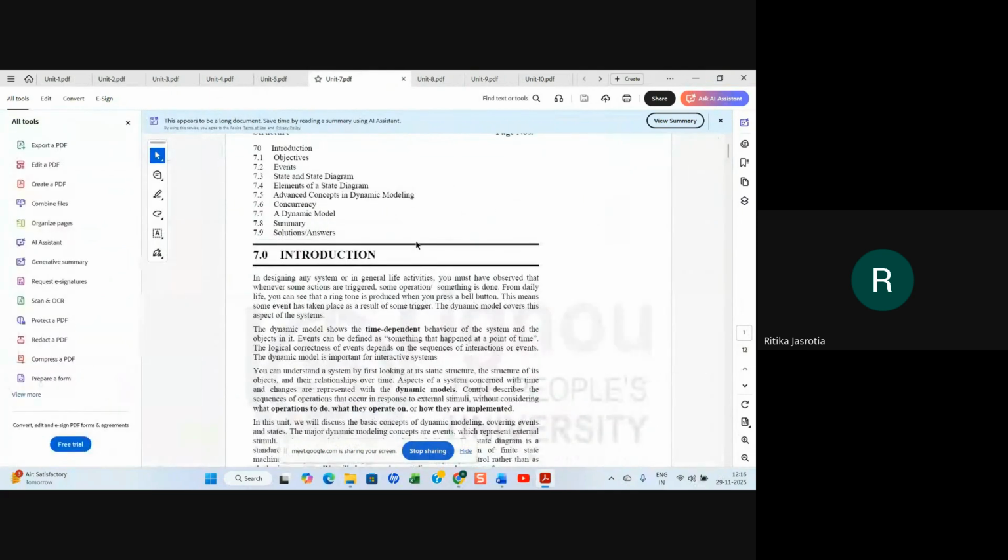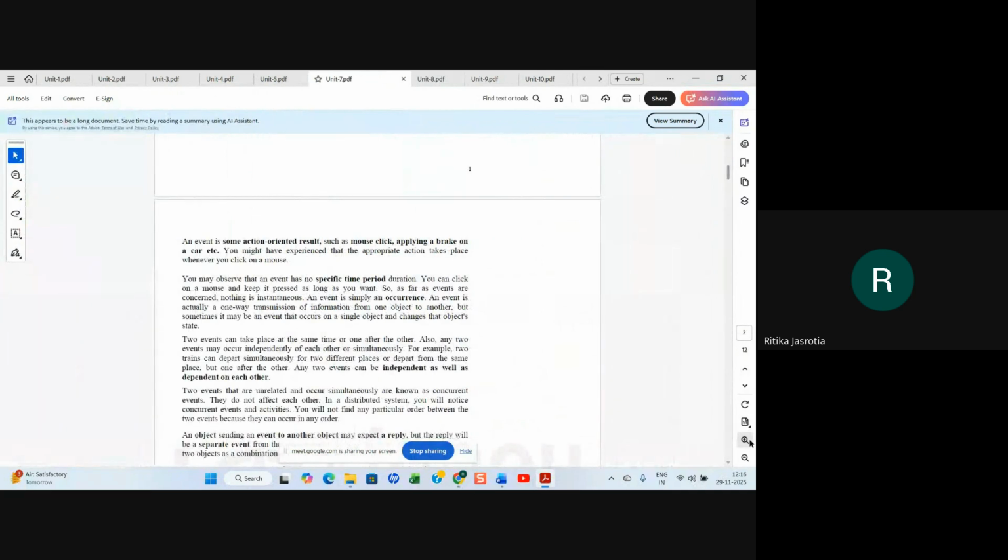Even in this you can go for the state diagram, if you want.